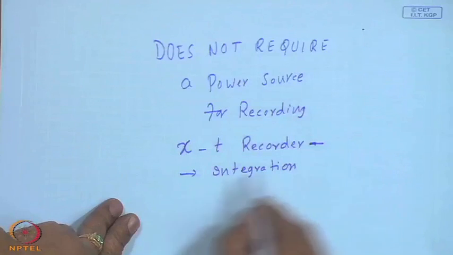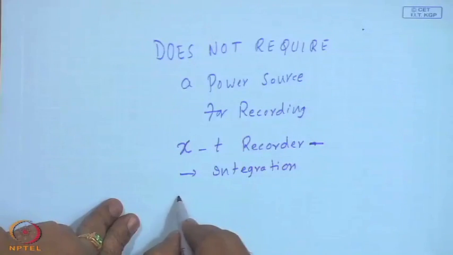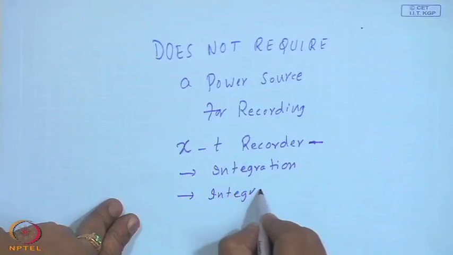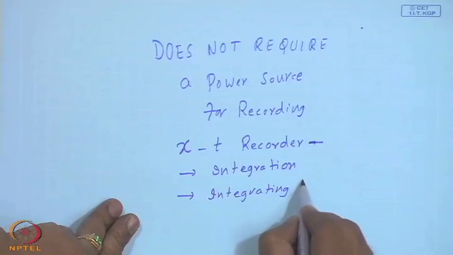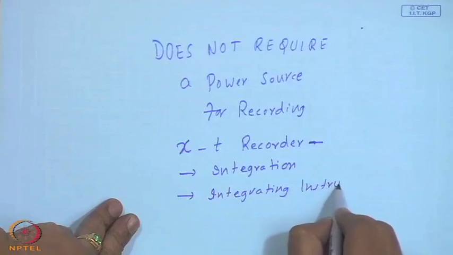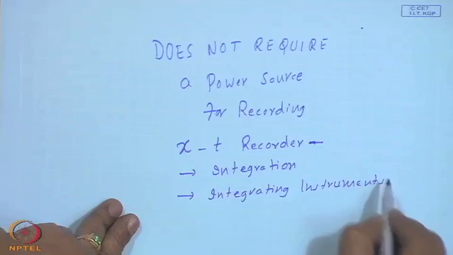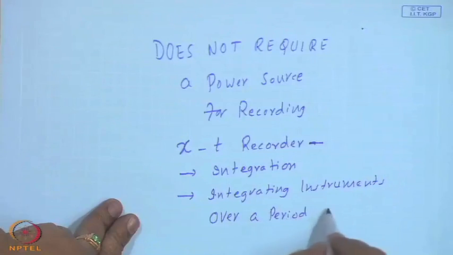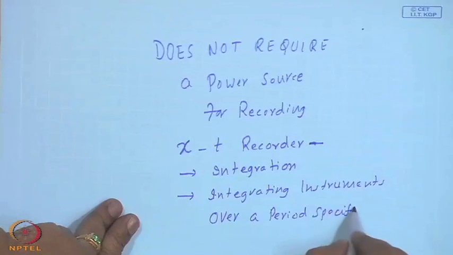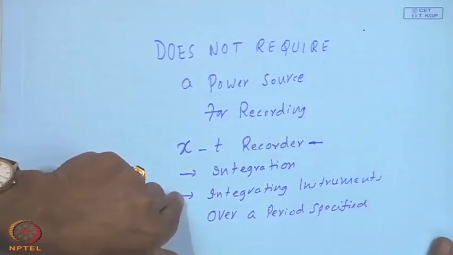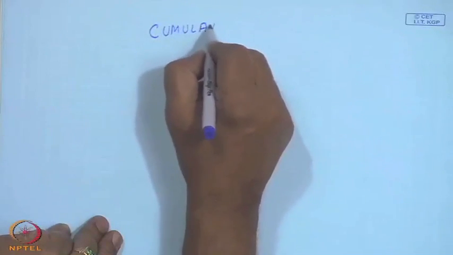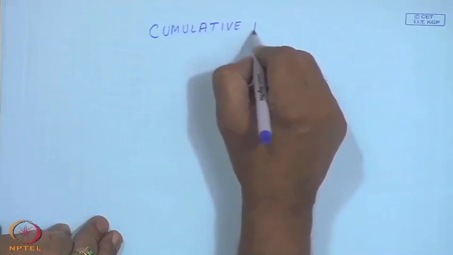the solar radiation. The later generation pyranometers are coupled to integrating instruments which measure the intensity over a period specified and come out with cumulative radiation values.